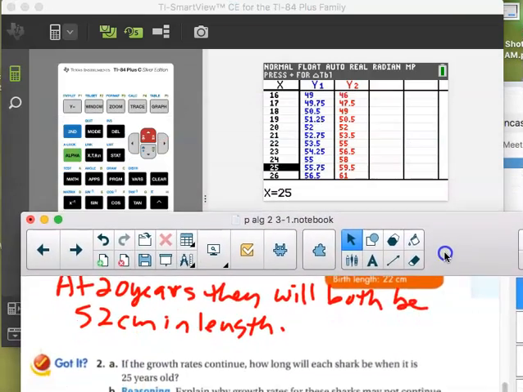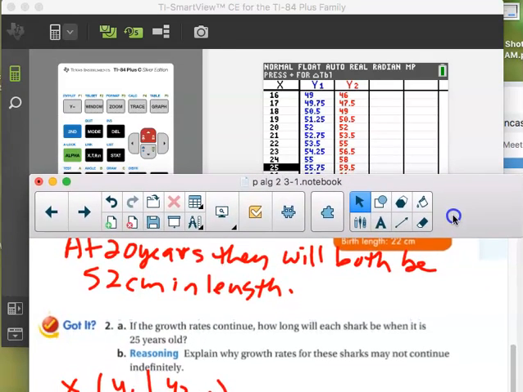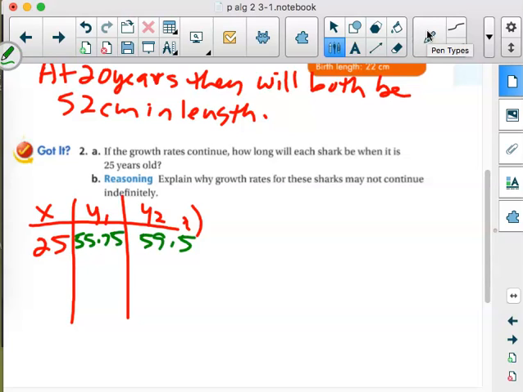All right, so our 25 had the Greenland shark at 55.75 and the spiny dogfish at 59.5. So this is what we saw in the table. But again, for part A, we would want to write out what each of these is.